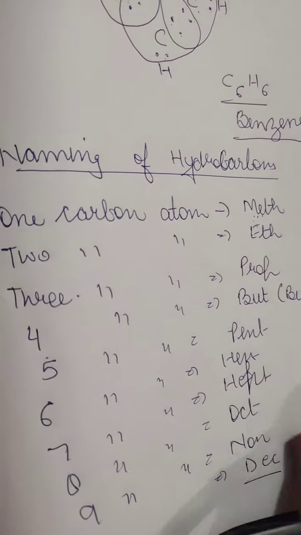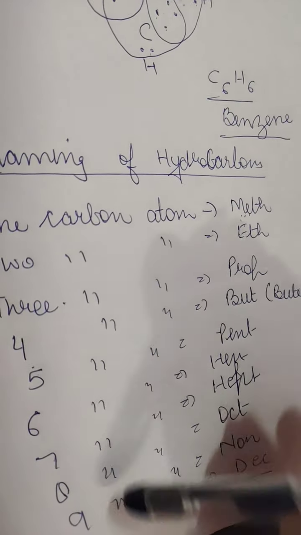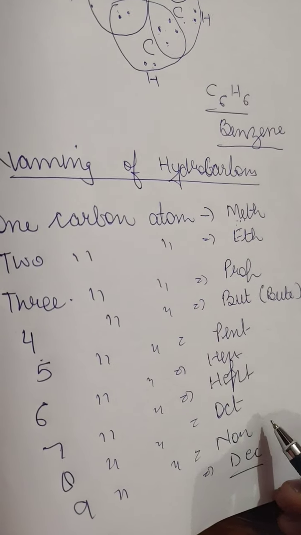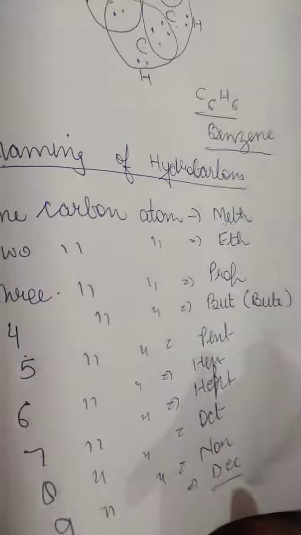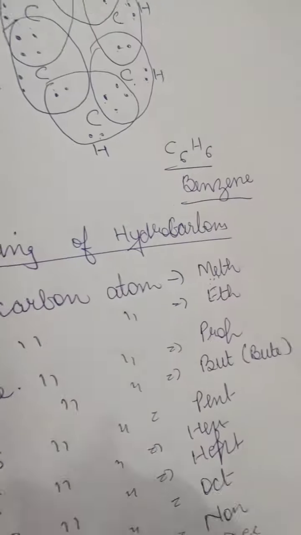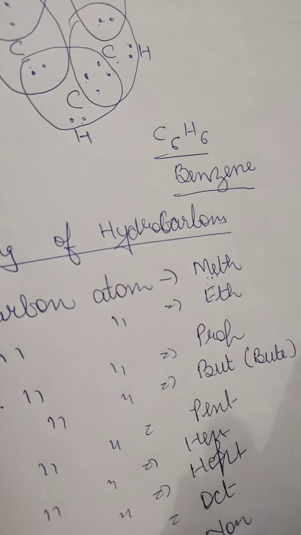The first rule is that the starting prefix depends on how many carbon atoms there are. Second is the single bond, the name will be ane. This ane comes after the carbon-count prefix: methane, ethane, propane, butane, and so on.